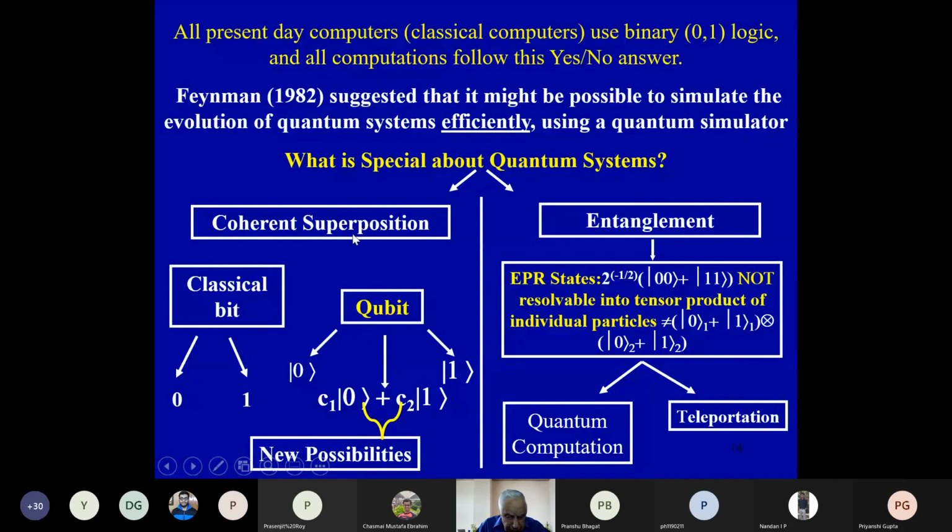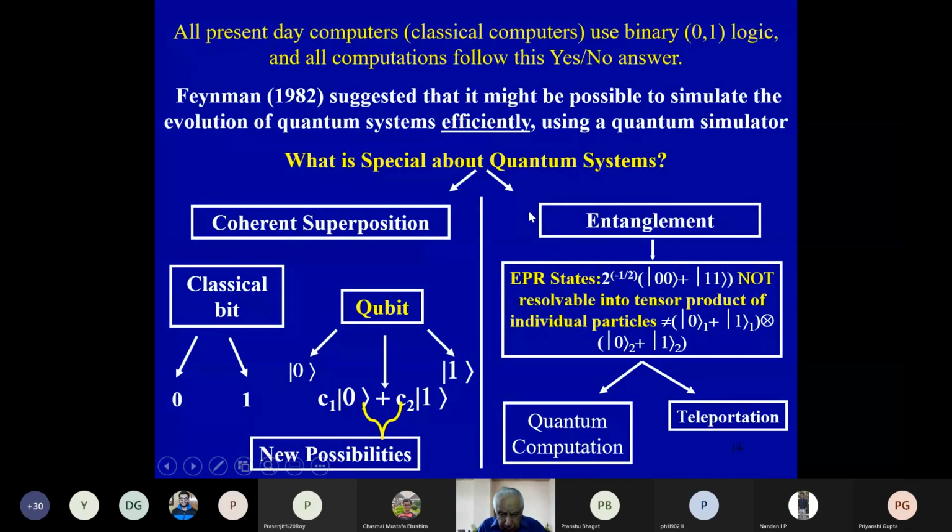The coherent superposition means this: a classical bit can exist either as 0 or 1, but a quantum bit, we call it qubit, can exist simultaneously in 0 and 1. It's the coherent superposition idea, and this gives rise to tremendous new possibilities. It gives the power to the quantum computer because of this possibility of coherent superposition.